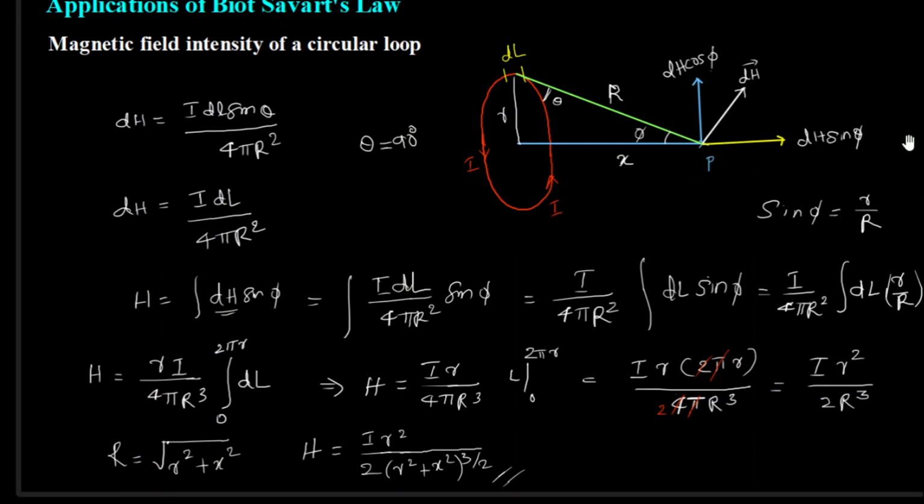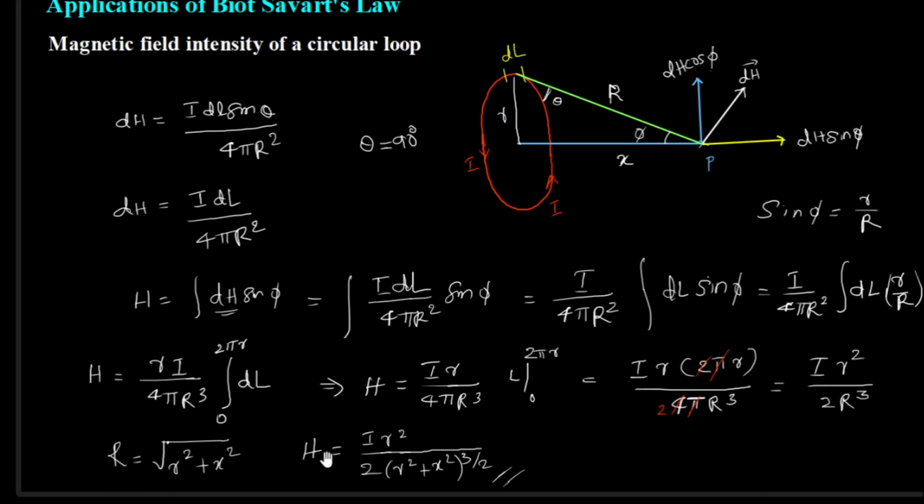Always in this direction. As I explained at the start of this video, if you assume that this plane is the xz plane, then this direction will be in which direction? In the Cartesian coordinate system, this will be in the y direction. So my H is in this direction, the y direction.